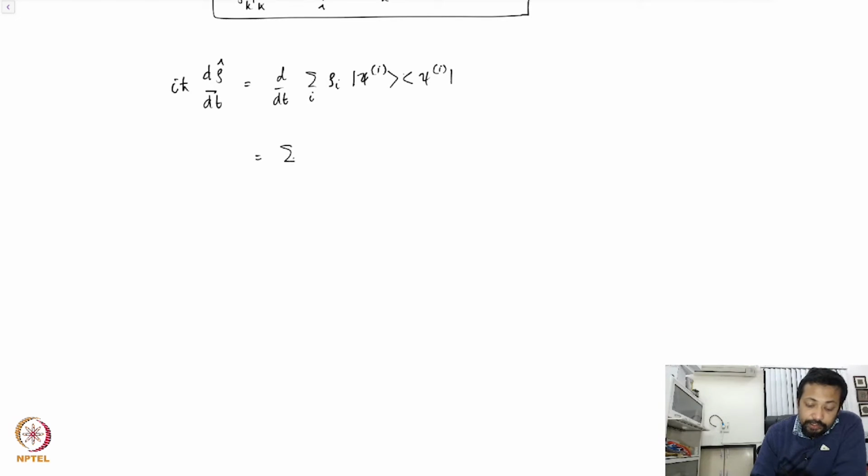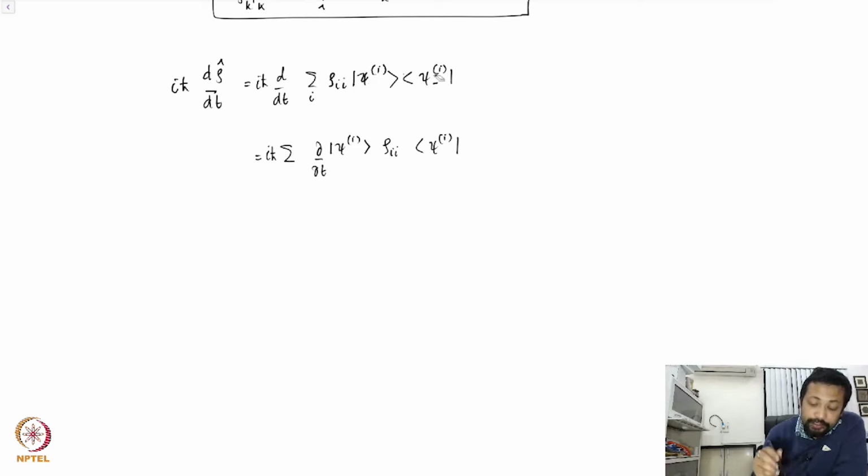So this quantity then becomes i h bar, del by del t of the sum over i of psi i, rho i, psi i of E. In the earlier expression we had this as the subscript of the energy eigenstate, so that is okay.